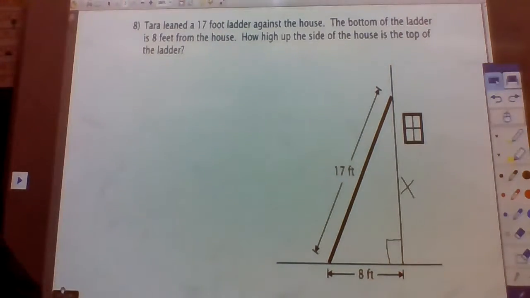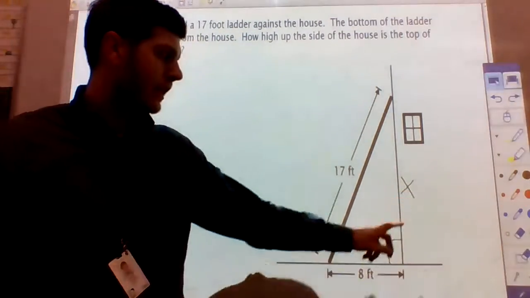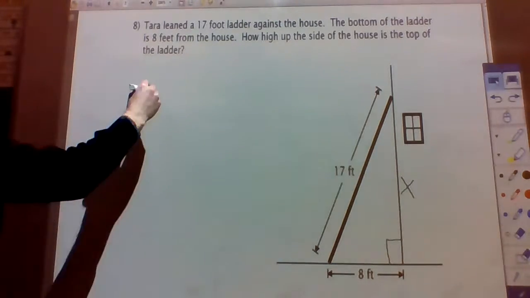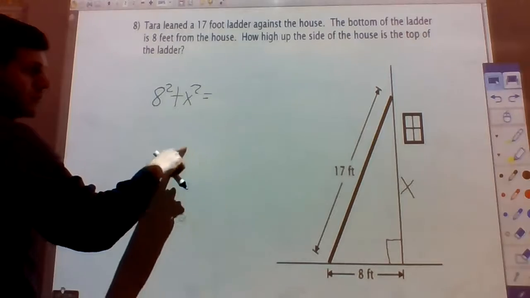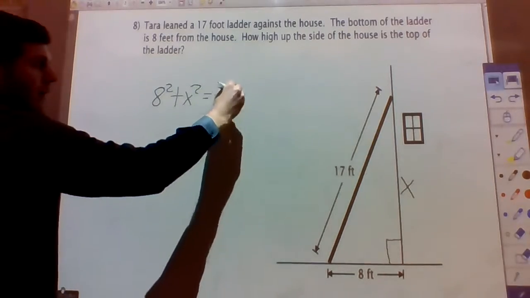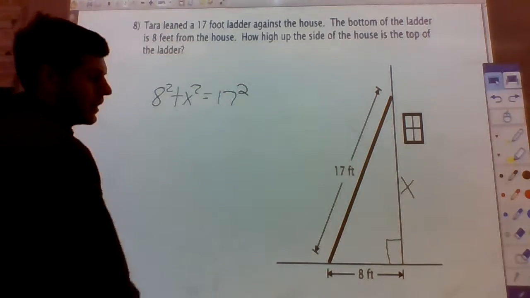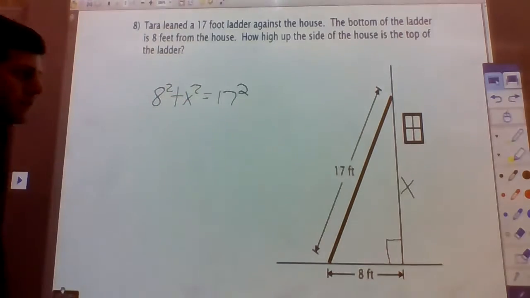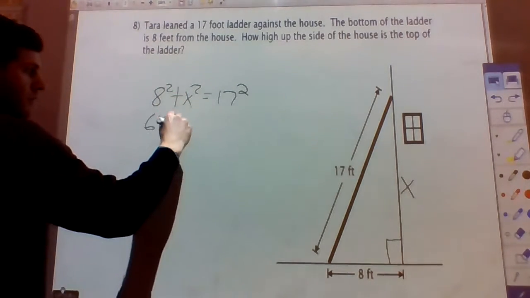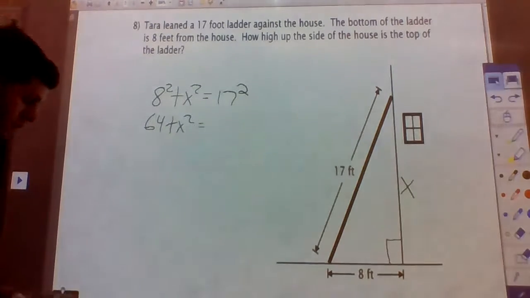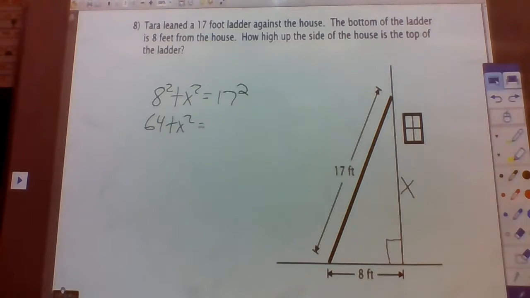So here's our right angle. So the legs are 8 and x. So we're going to add the square of the legs and set that equal to the square of the hypotenuse, which is 17, the hypotenuse being opposite the right angle. 8 squared is 64. We have x squared, and then 17 squared is 289.